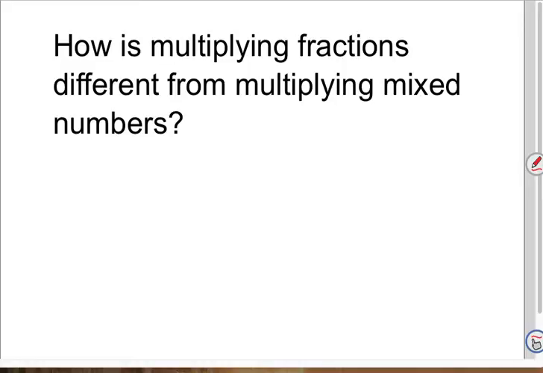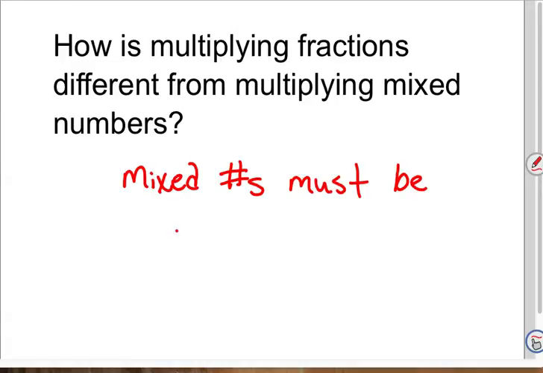You are right. Mixed numbers must be changed into, we call them improper fractions.